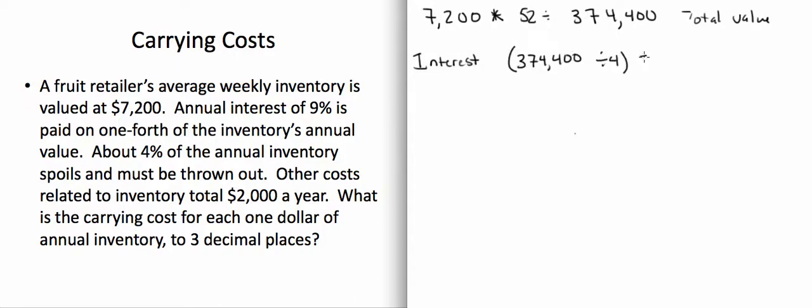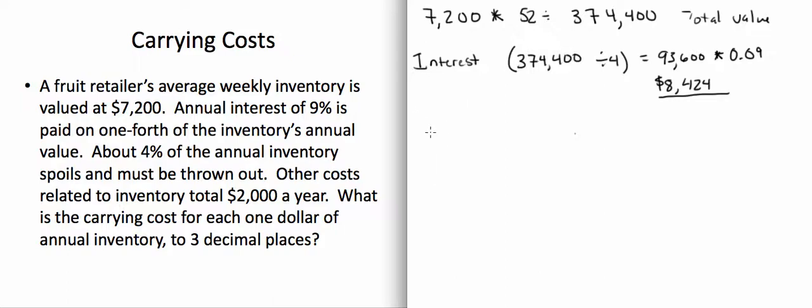When we do that, we get an answer of $93,600. We take that value and multiply it by 0.09, which will give us our interest value of 8,424. So we divided by 4 and multiplied by 9%. That's going to give us one value that we'll use later on.